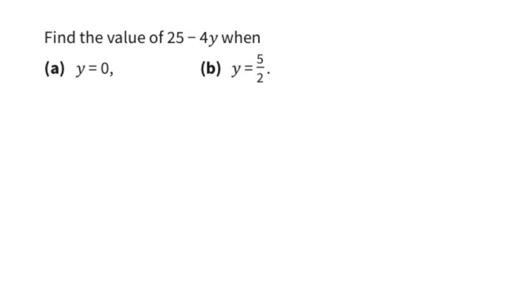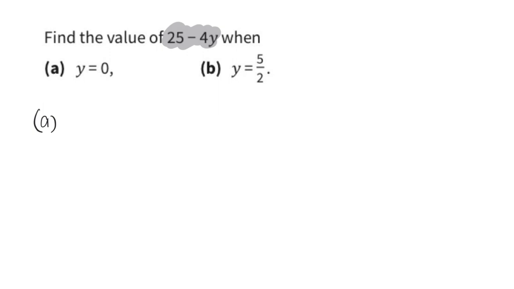Alright, now for this question, we are given this very important expression, 25 minus 4y. And what is this value when they give us the value of y? So for part A, now perhaps it is time for us to see how we could present our answers.